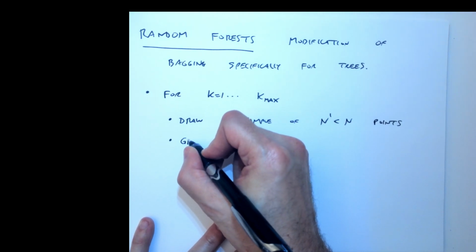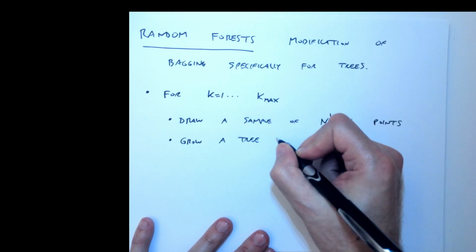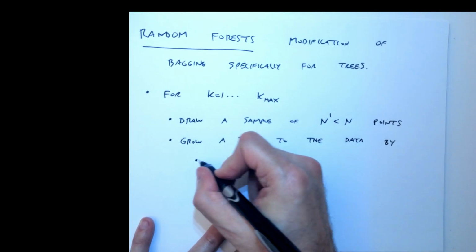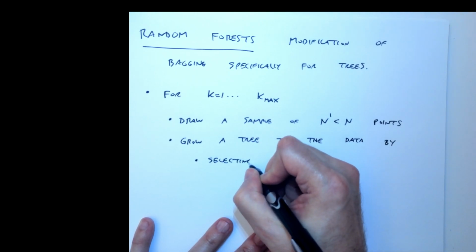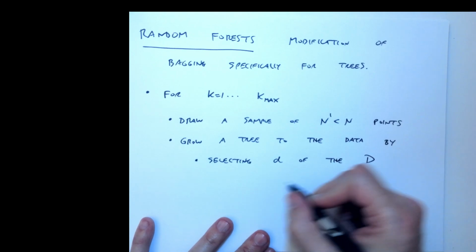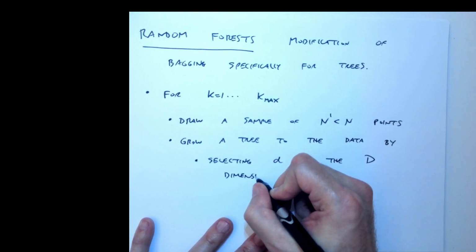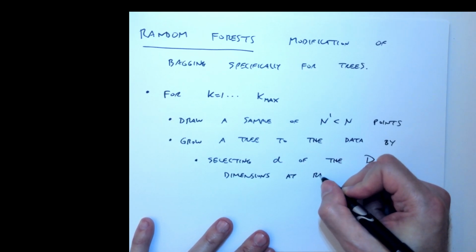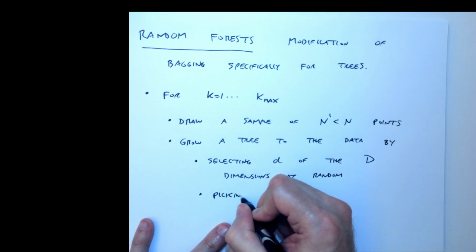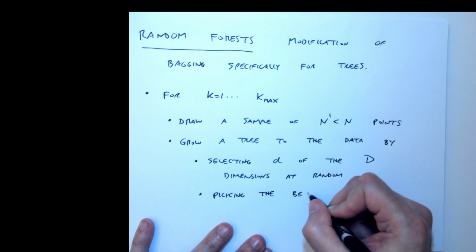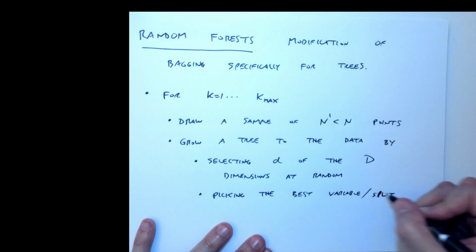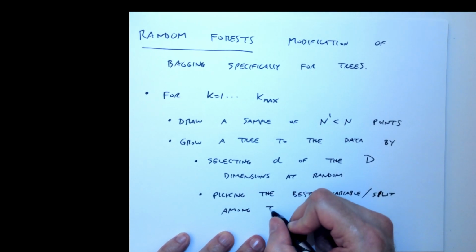I grow a tree to the data by, and this is the critical part, selecting D of the capital D dimensions at random, and then picking the best variable split among the D.